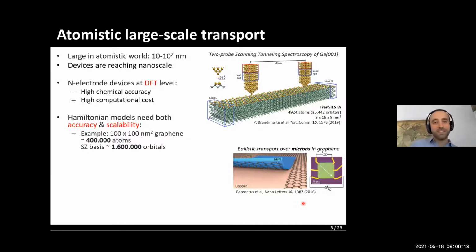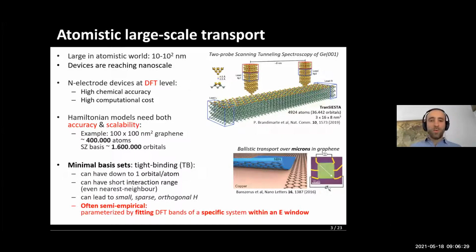find a compromise in describing the Hamiltonian in a minimal basis set so that it's both accurate and scalable. So one of the most popular and easy minimal basis sets is the tight-binding one that most of you, I guess, are aware of. Now, that's a very, very versatile solution to describe electronic structure.